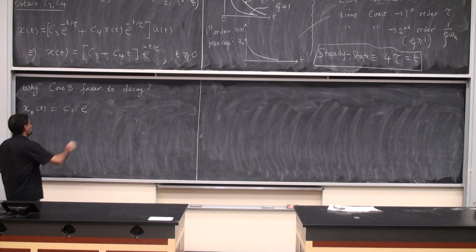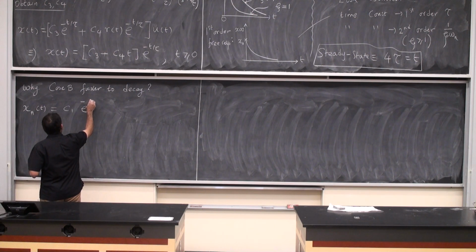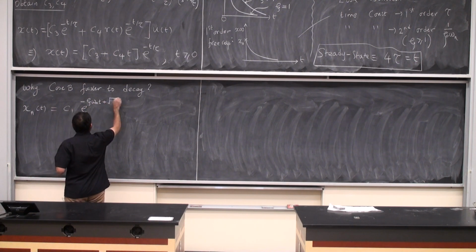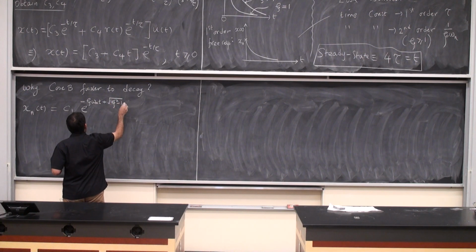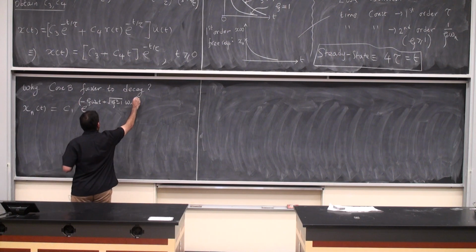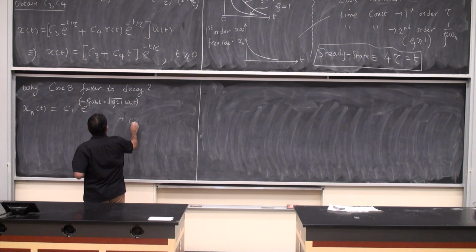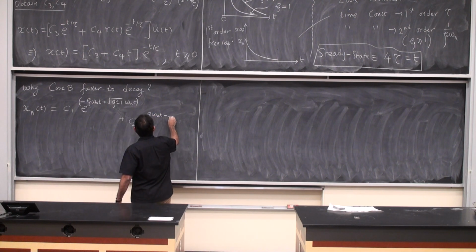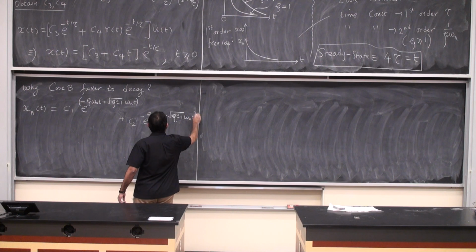R1 I'm going to expand as minus theta omega n t plus square root of theta square minus 1 times omega n times t, plus C2 minus theta omega nt minus square root of theta square minus 1 omega nt.